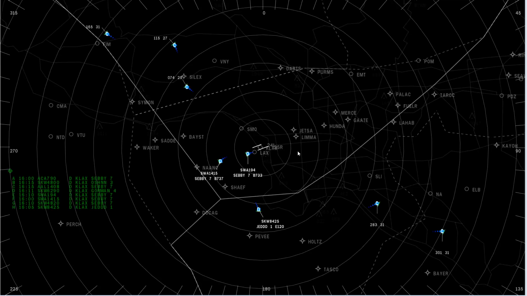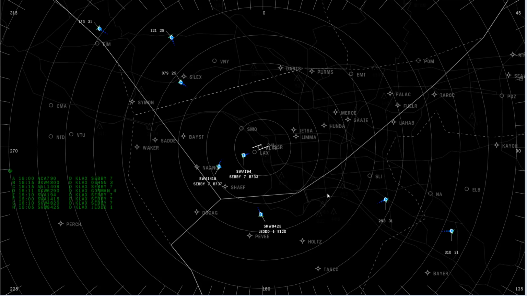These two airplanes will have similar climb rates, so we don't have to worry about that. Okay, SkyWest 8425 is now at 6,400 feet. This one is climbing very slowly.